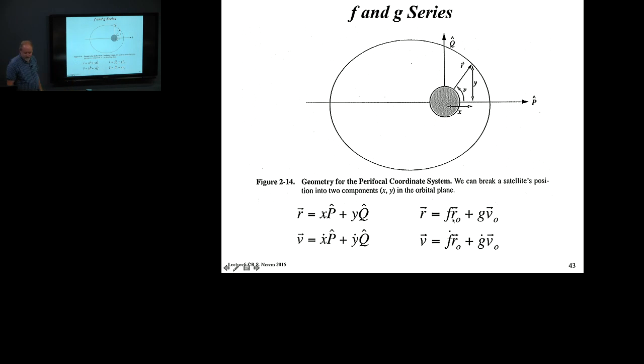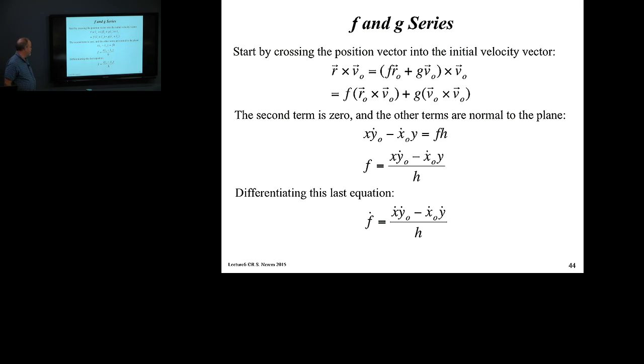So we start with these equations, and there's a derivation here in the notes where you can derive the expressions in terms of the F and G series. We start by crossing the position vector into the initial velocity vector.